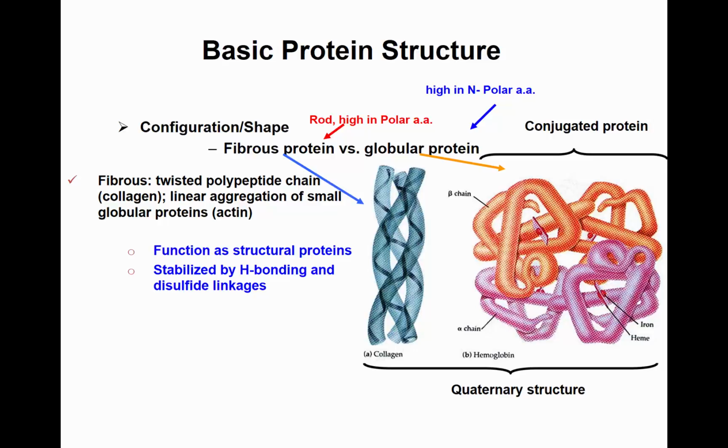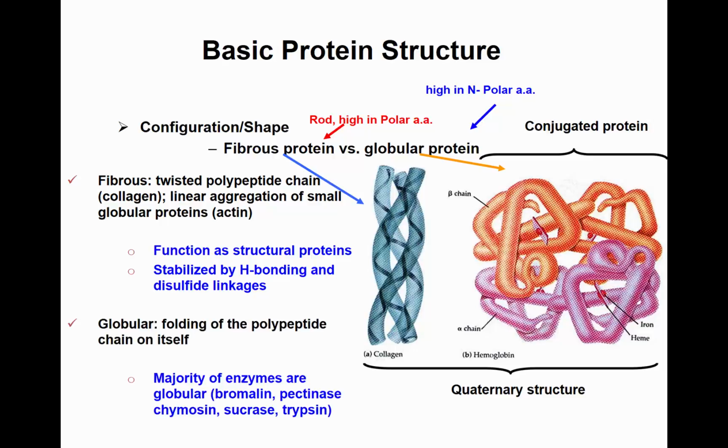Usually fibrous proteins are structural proteins, such as collagen, which gives structure. Globular proteins are more the functional proteins. Enzymes, for example, are globular. Most enzymes, if not all enzymes, are globular.